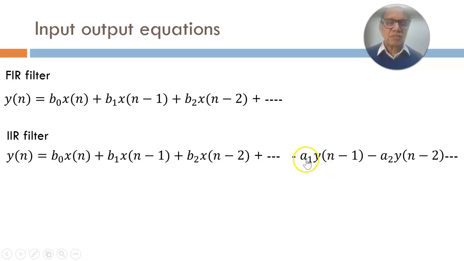These coefficients are written as minus a1, minus a2, and so on. So that is the difference between the difference equation for the FIR filter and the IIR filter. In an FIR filter, the output does not depend on any of the past values of the output, whereas for an IIR filter, apart from the present value and some of the past values of the input, it also depends on some of the past values of the output. All right.